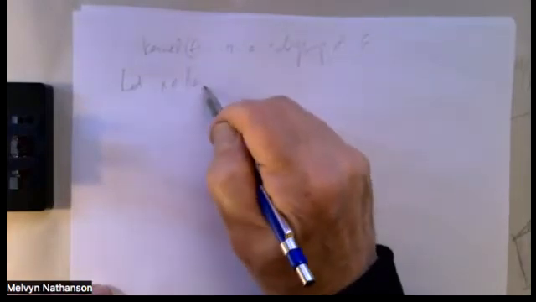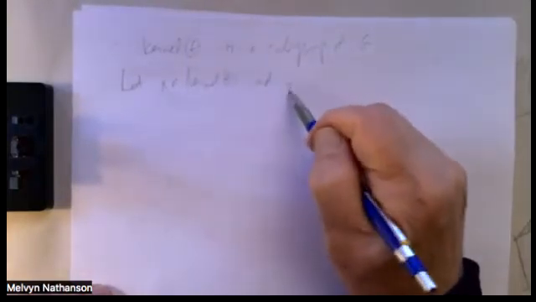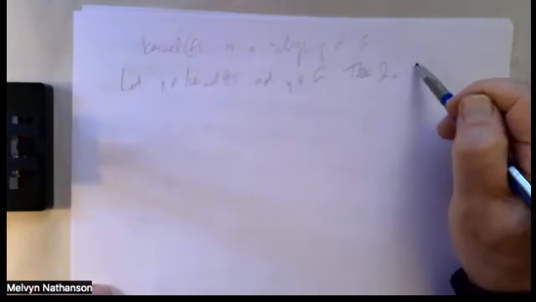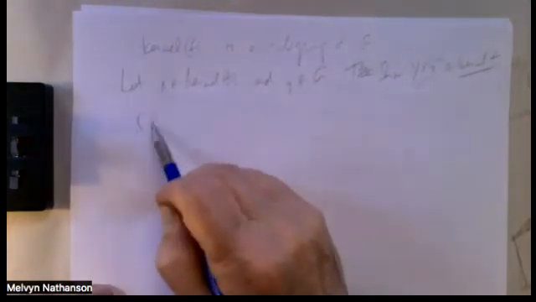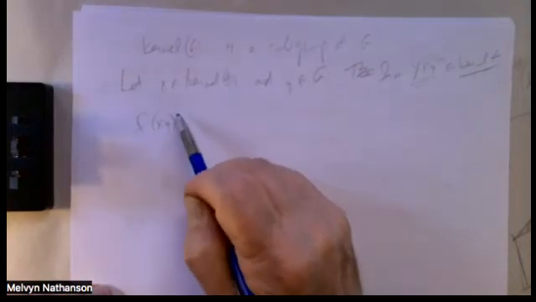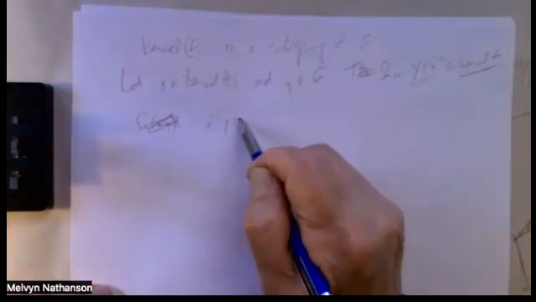Suppose X is in the kernel of F and Y is any element in G. So what I want to show is that Y X Y inverse is in the kernel of F. That will show that the kernel of F is a normal subgroup. So F of Y X Y inverse is F of Y, F of X, F of Y inverse. But X is in the kernel, so this is the identity.